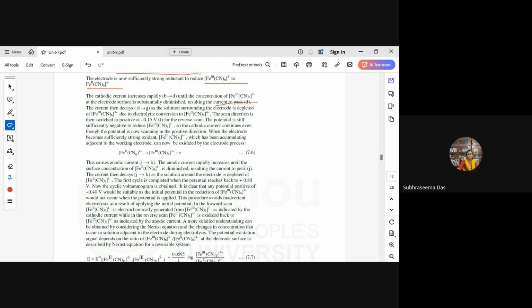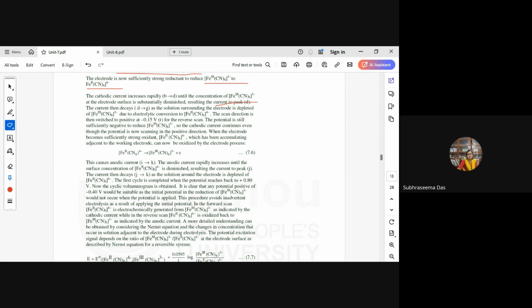The first cycle is completed when the potential comes back to approximately 0.40 volt, which is a suitable initial potential for the reduction of Fe(CN)6 3-. This process also avoids the electrolysis of the Fe(CN)6 3-.